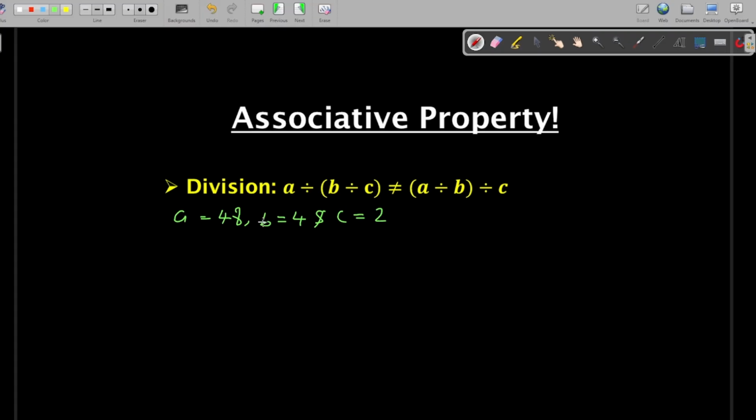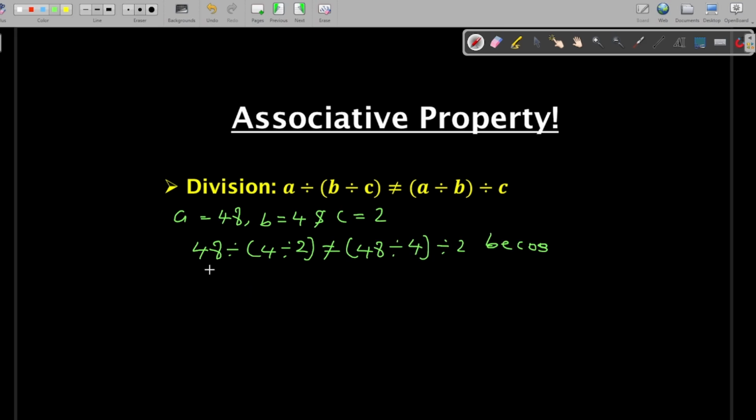When we substitute into the expression, we have 48 divided by open bracket 4 divided by 2, close the bracket. We said it's not equal to open bracket 48 divided by 4, close the bracket, divided by 2.